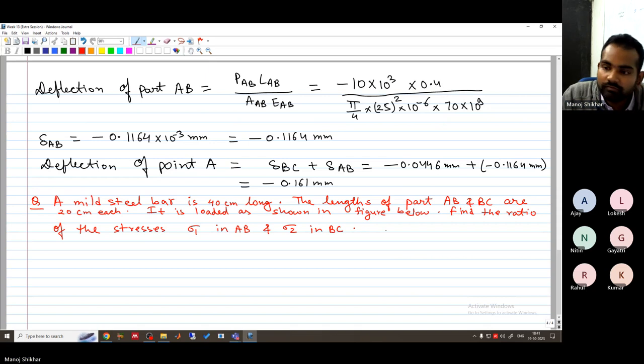Okay. And they have given, take P1 and P2 are the loads. So P1 equal to 1000 kg and P2 equal to 1000 kg also. So P1 and P2 equal to 1000 kg.